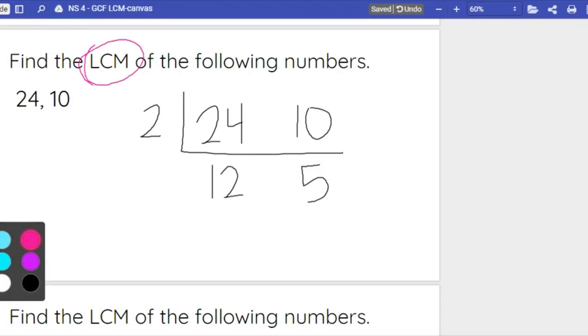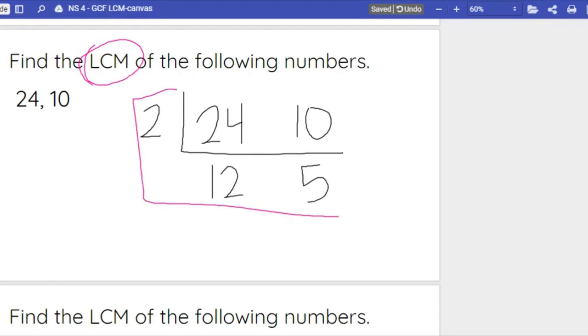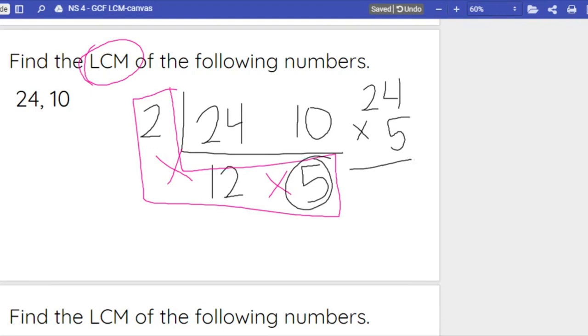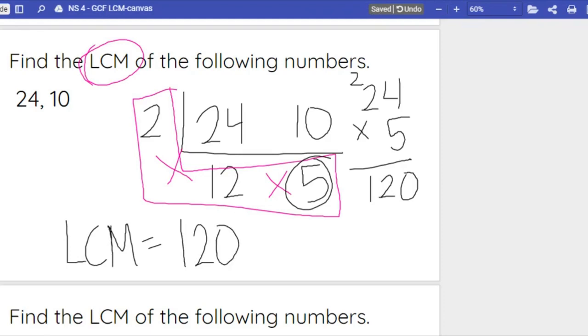I make my L and I multiply. 2 times 12 is 24. 24 times our last number, which is 5. 5 times 4 is 20. 5 times 2 is 10. Plus 2 is 12. So my least common multiple is 120.